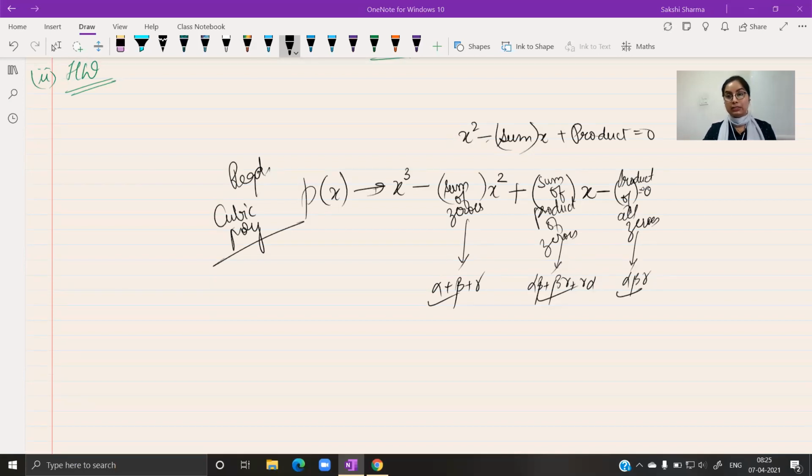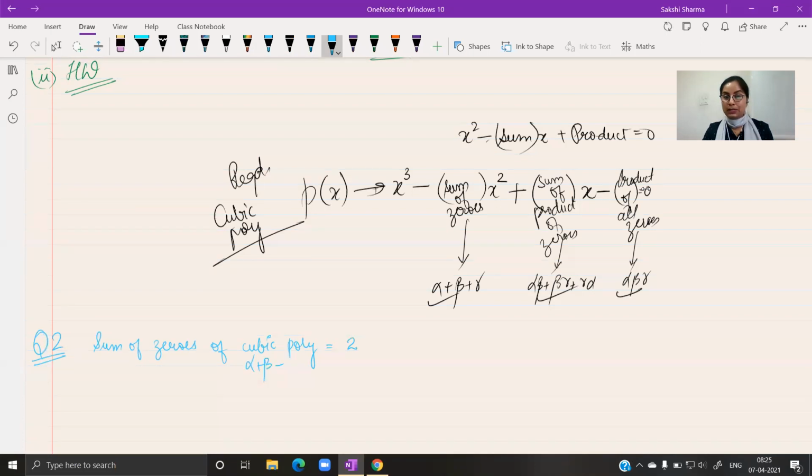So you may write this down rather than noting it this way. I'll just write down the answer. Question number 2, we have to obtain the cubic polynomial where you are provided with sum of zeros. Sorry, we have to find out a cubic polynomial. Sum of zeros of cubic polynomial is 2.